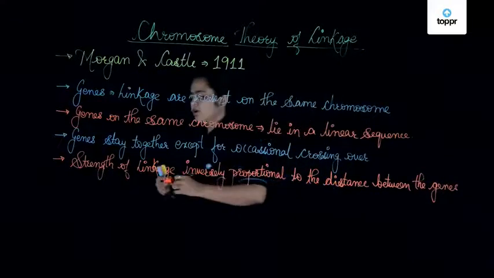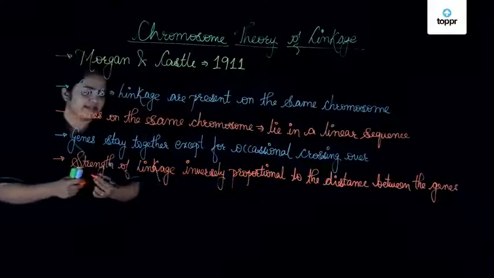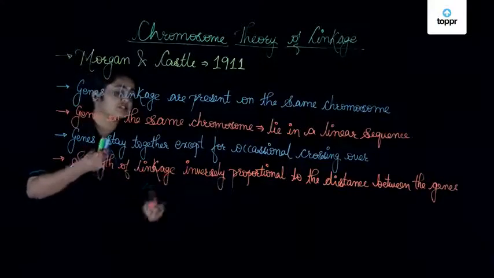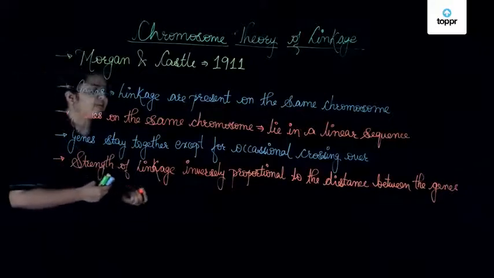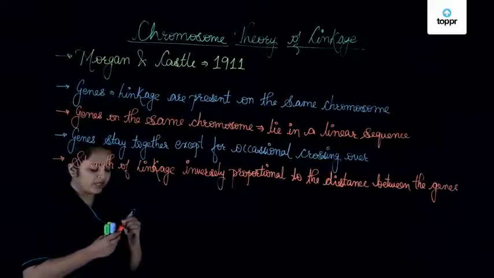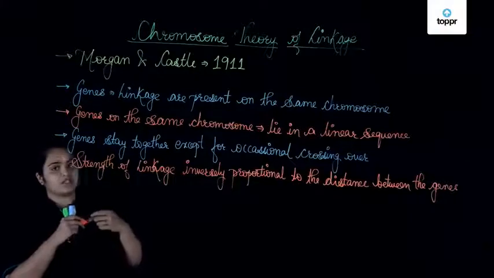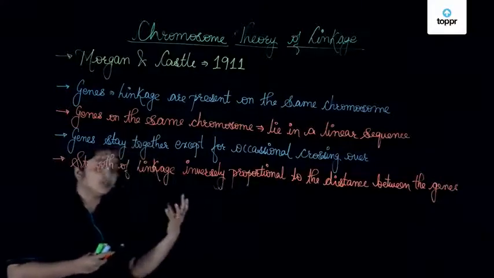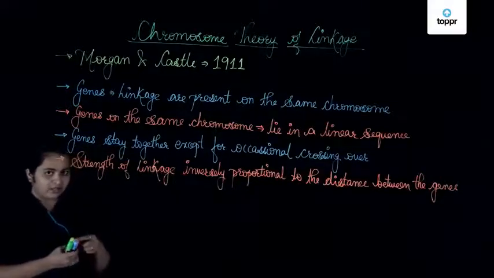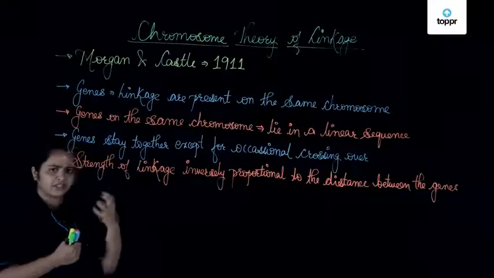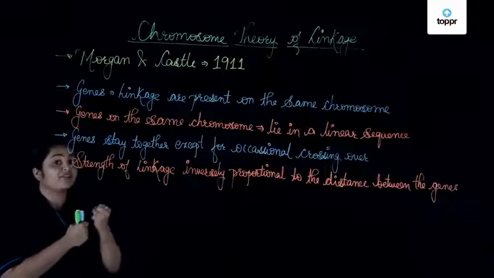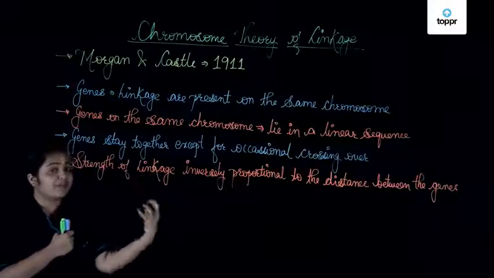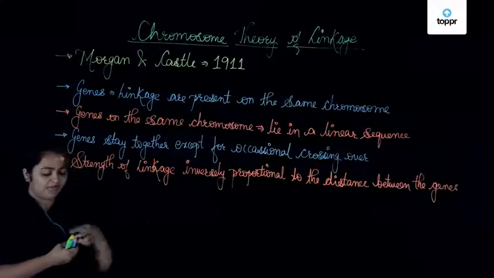What are we trying to say with this? Strength of the linkage is inversely proportional to the distance between the genes. What exactly do we mean by this? If the genes are near to each other, then the strength of linkage, that is the tendency to remain together, is high. And if they are far from each other, then the frequency of recombination will be high.